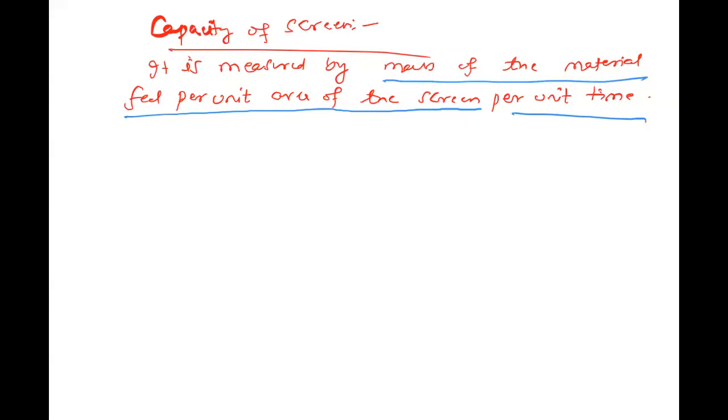Yes, sir, effectiveness is the extent of separation. But logically, the capacity is inversely proportional to the effectiveness. Both are opposite factors.